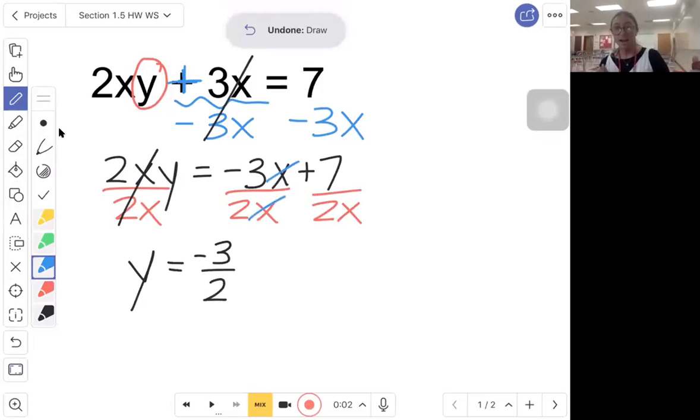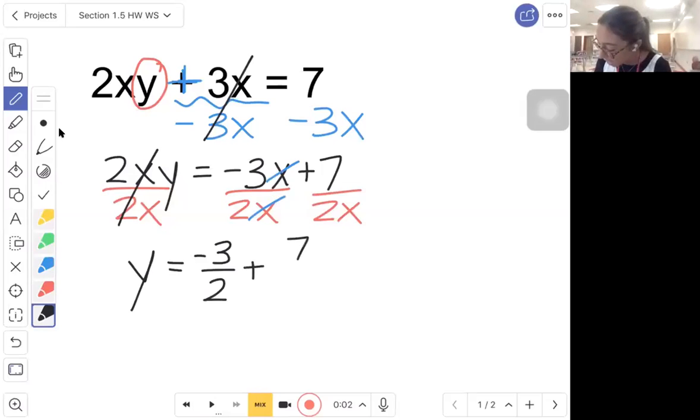And x divided by x is just 1. That'll just go away. And here, we can't simplify 7 over 2 at all. So that's going to stay the same. And we're going to keep that x in the denominator because we were dividing. We can't bring that on top. So a little tricky with divide. When you're dividing by a variable, it has to stay in the bottom.